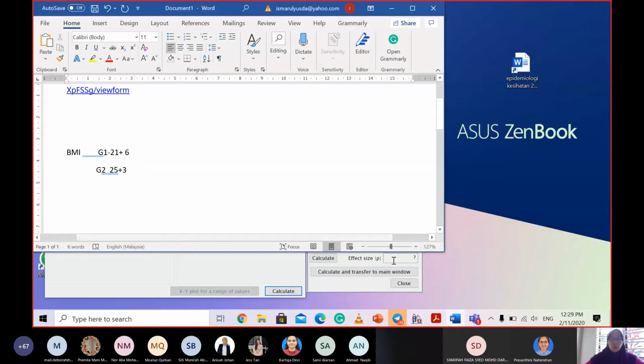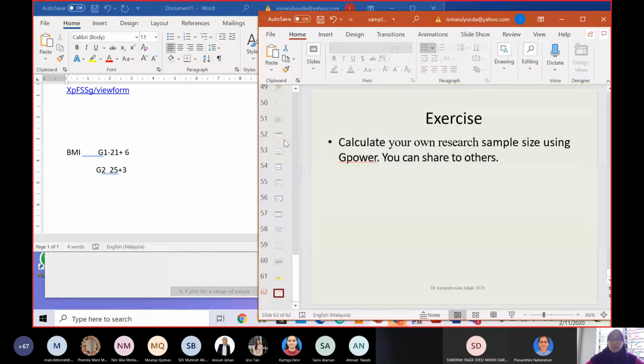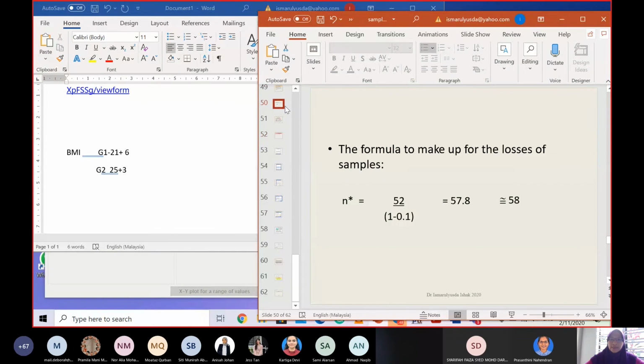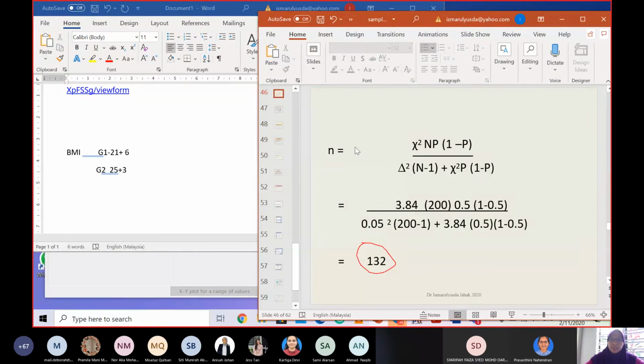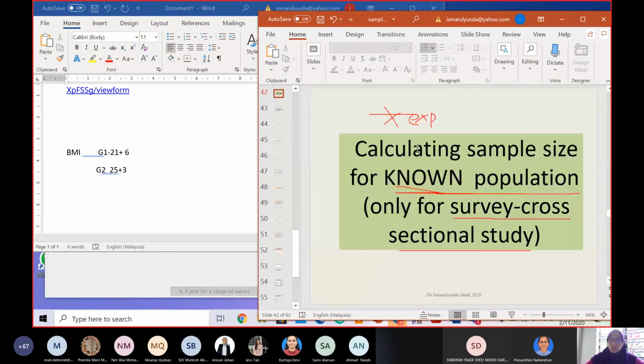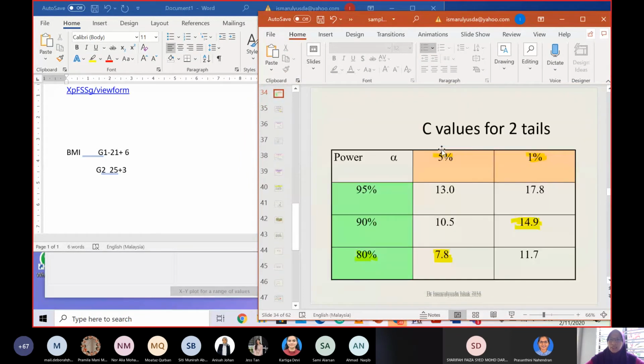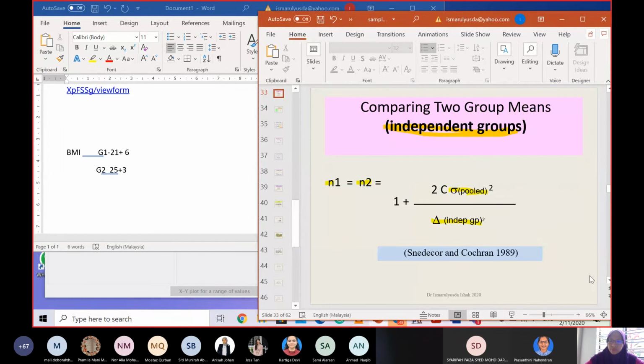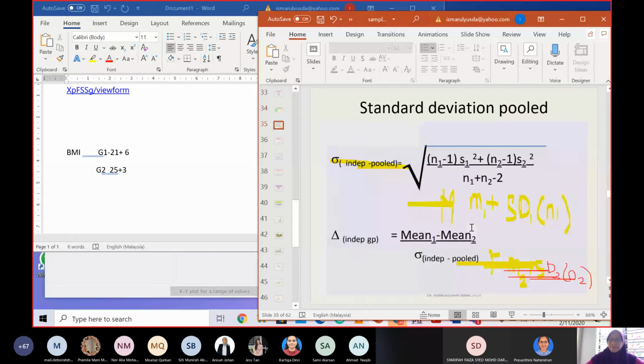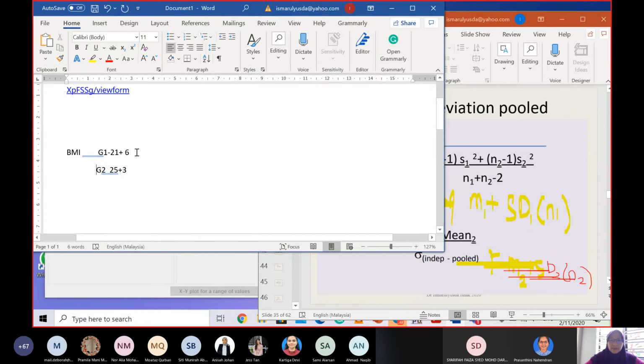This is standard deviations. Okay, if I'm using this formula manually, I can use this formula, but I have to search for the pooled standard deviation and the pooled delta. For this I need another value for n.